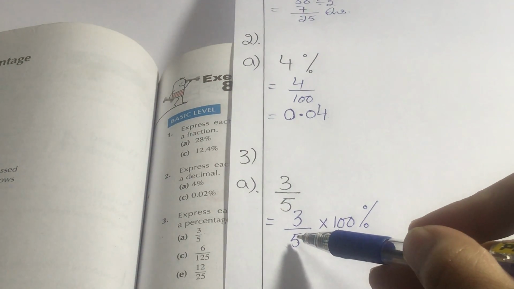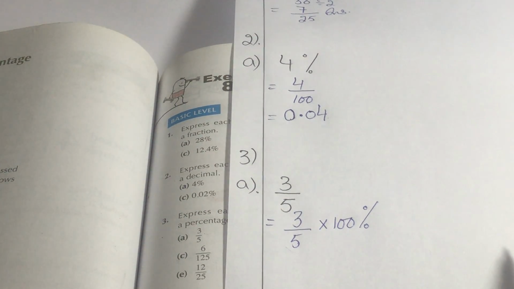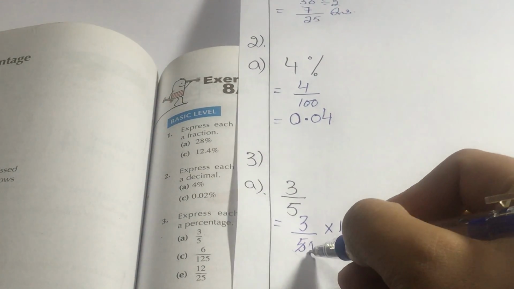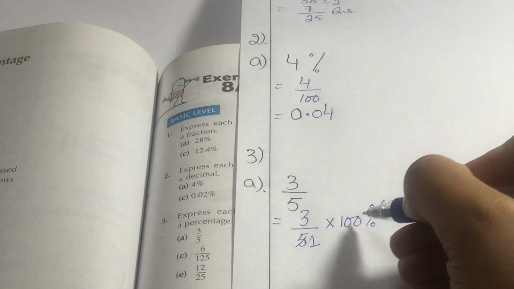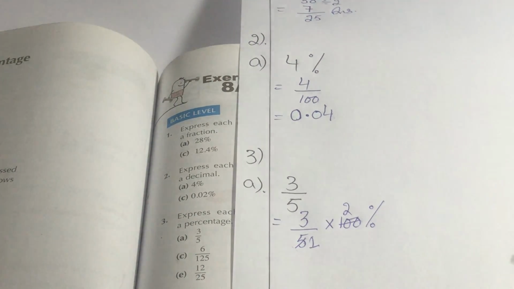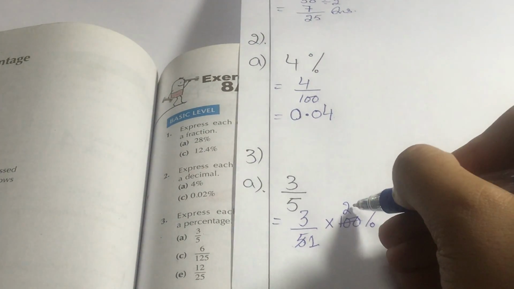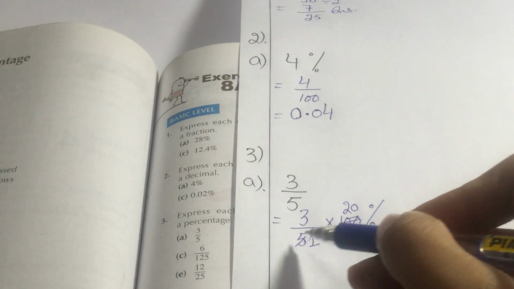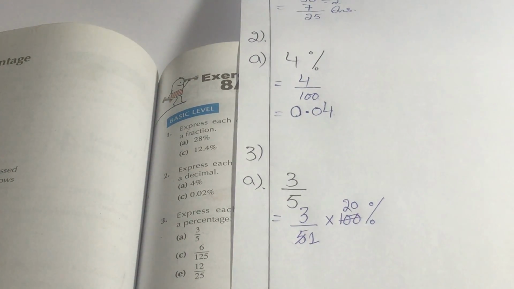But 100 is divisible by 5. You can divide in the vertical form, or you can do the cancellation directly. 5 ones are 5, 5 twos are 10, and 5 zeros are 0, right? So 100 divided by 5 is equal to 20.